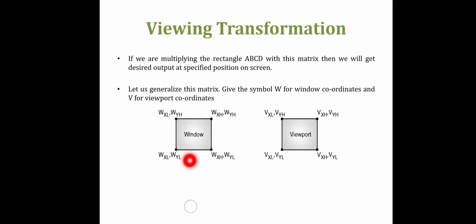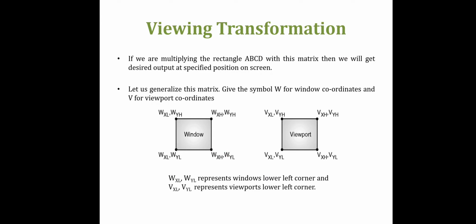What do these coordinates represent? This is WXL and WYL, the lower x coordinate and the lower y coordinate. Here it will be WXH and WYL: the higher x coordinate, because the value of x has changed, but the value of y stays the same, that is, lower.